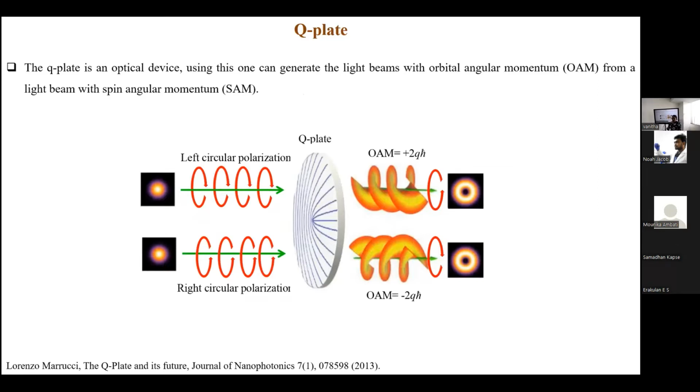The sign of the output OAM beam depends completely on the input polarization. If the input polarization is left circular polarization, then we get OAM with positive sign. If our input polarization is right circular polarization, then we get OAM with negative sign.